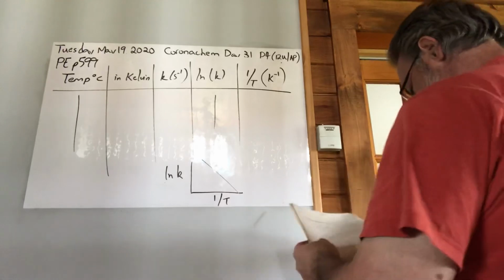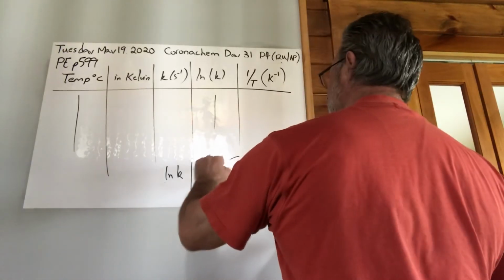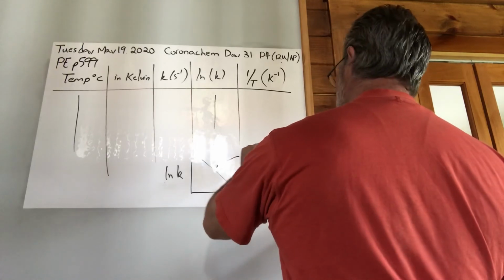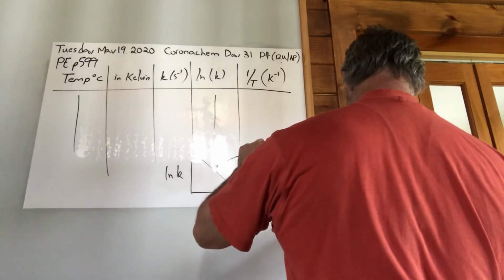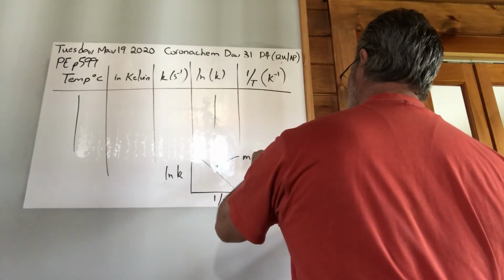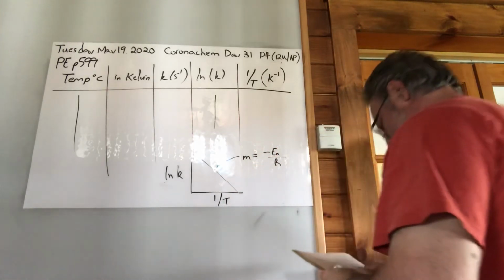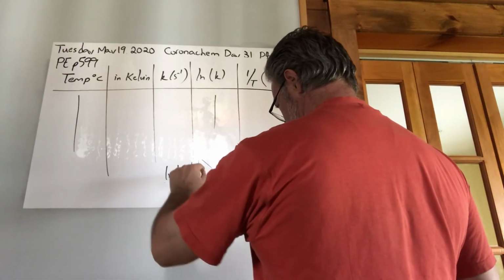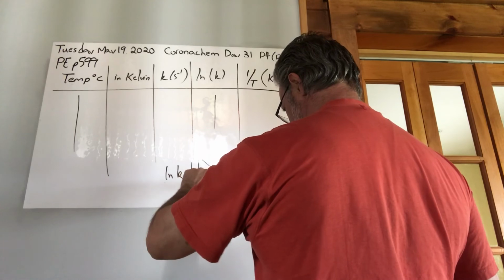The slope of that line, m, is equal to negative Ea over R. So that will tell you how to get the answer. And to get the slope, obviously, it's like rise over run. Here's your delta y, here's your delta x.